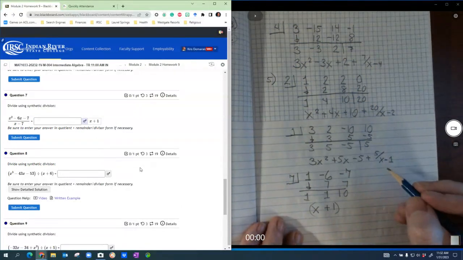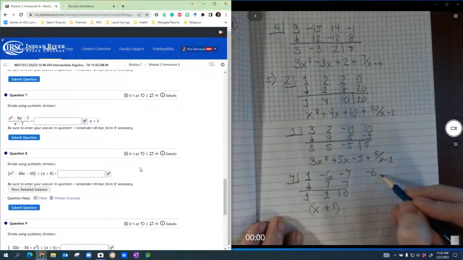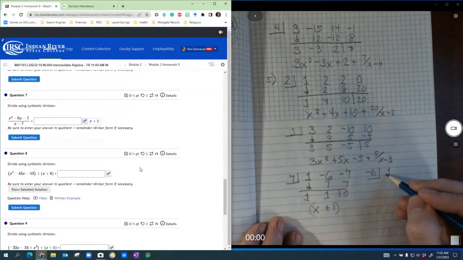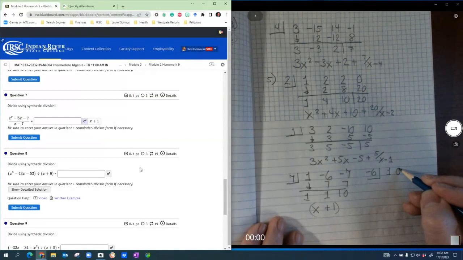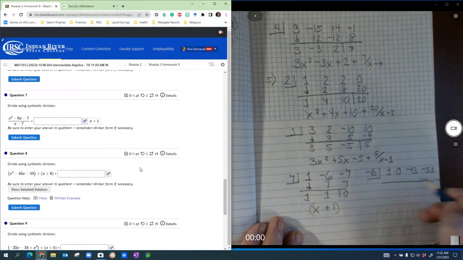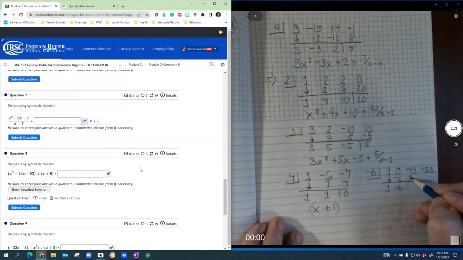Now let's take a look at the next one, maybe negative 6. When I watch this one, I found something a little different. It's 1, 0, because there's no x to the second, negative 43, negative 53. So, drop, 1, multiply, add, multiply. And then doing that, that's going to give us negative 7.